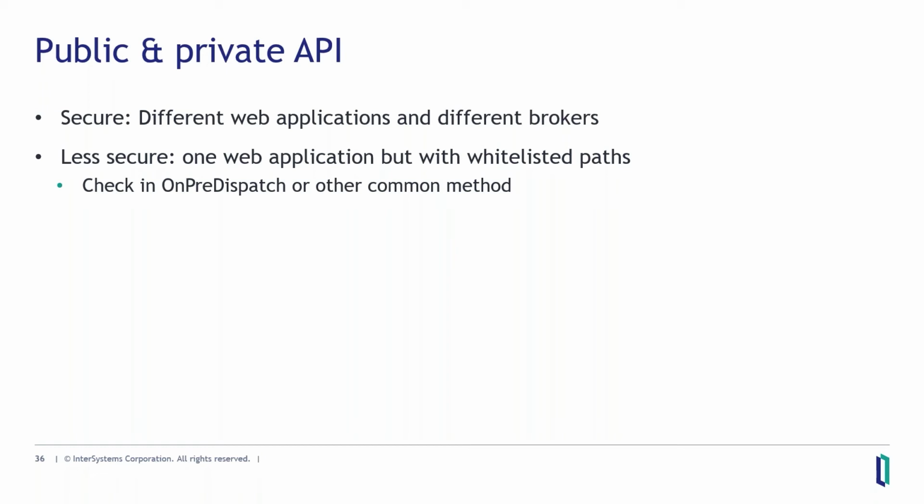Essentially, if you're adding some new path, by default it should be private. And only if you explicitly move it to a public part by whitelisting it, then it's publicly available. There are several common methods, for example OnPreDispatch, in which you can write your whitelist logic, but still I'd like to recommend different web applications, different brokers altogether.